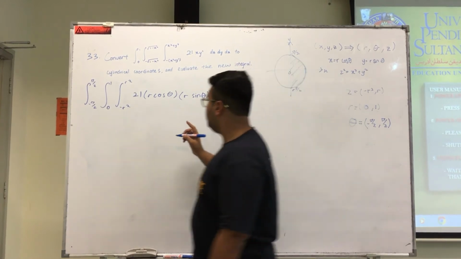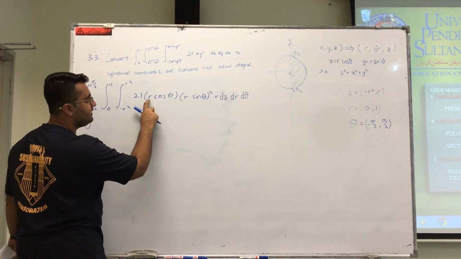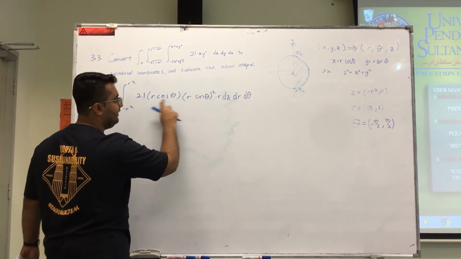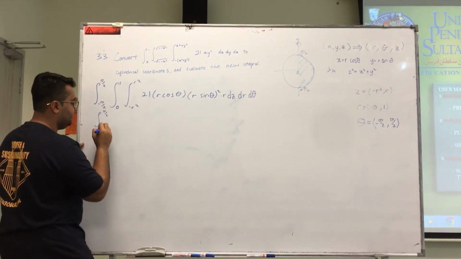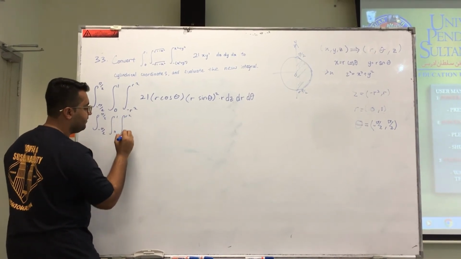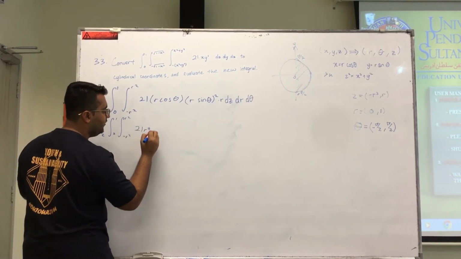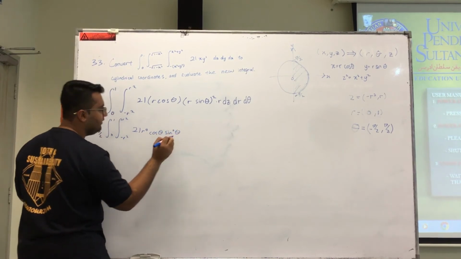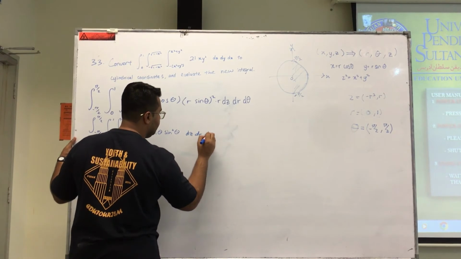Okay, so we open all the brackets. What we will be getting is r, 1, r square, and r, 1, 2, 3, 4. This one, I just write it back: 21 r^4 cos theta sin square theta dz dr d theta.